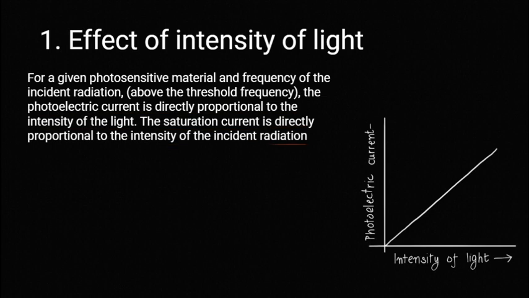I will explain the term saturation current later. For now, you can just assume it is some constant value of a current. Just focus that if the intensity of the light increases, the current also increases, fine.